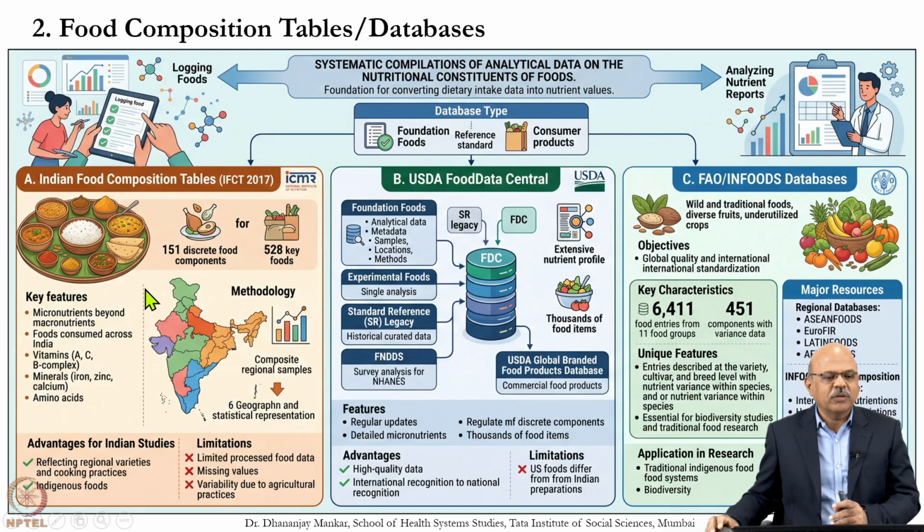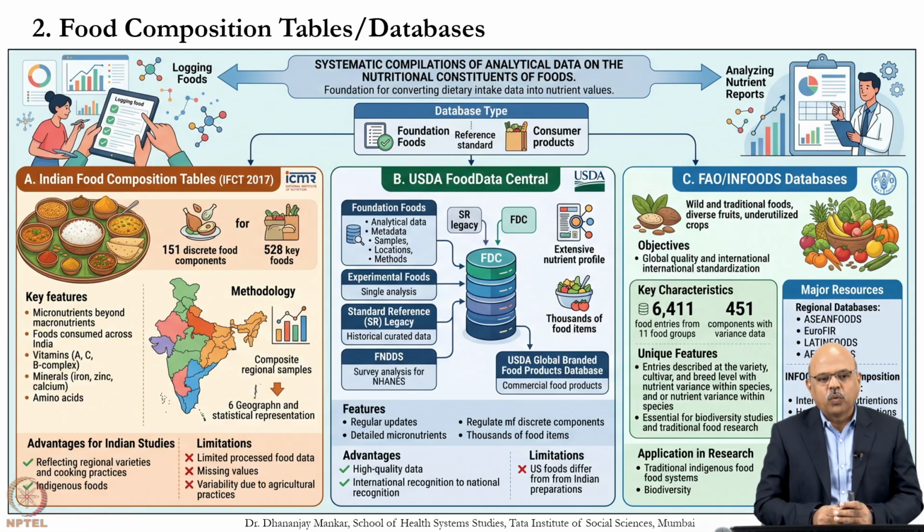The key features are micronutrients beyond macronutrients, foods consumed across India, vitamins, specifically A, C and B complex, and minerals, that is iron, zinc and calcium, along with amino acids.